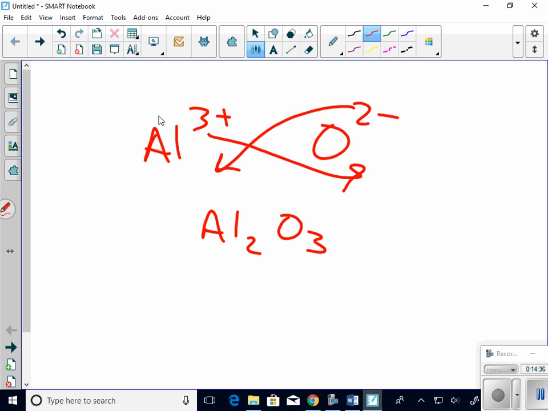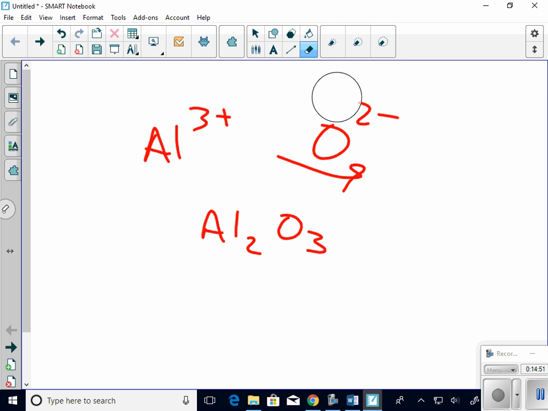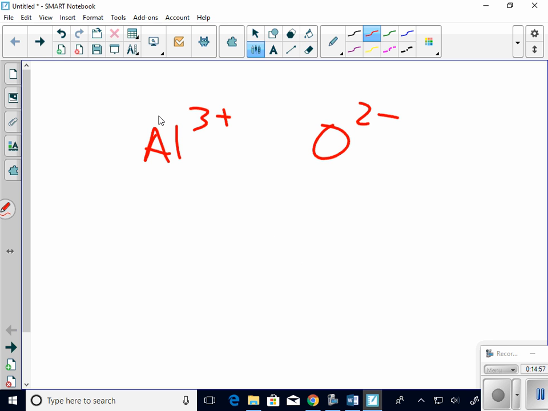Now, I don't use the crossover method. I use what I call the least common multiple. Okay, what's the least common multiple here of 2 and 3? Think a little bit about your math. Least common multiple is 6, right? Least common multiple is 6.